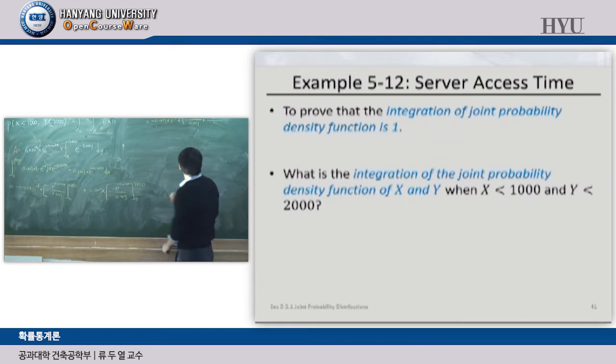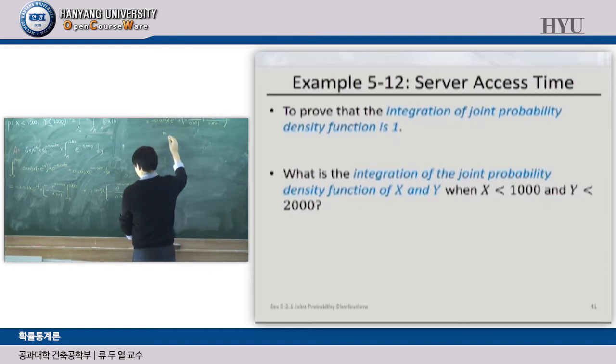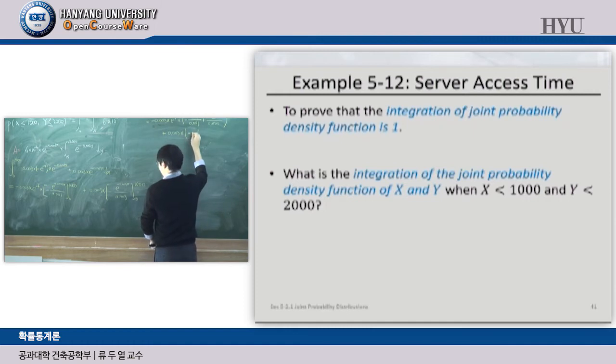Exponential 0 is 1 over 0.001, plus 0.003 by minus 0.003 exponential minus 3 plus 1 over 0.003.